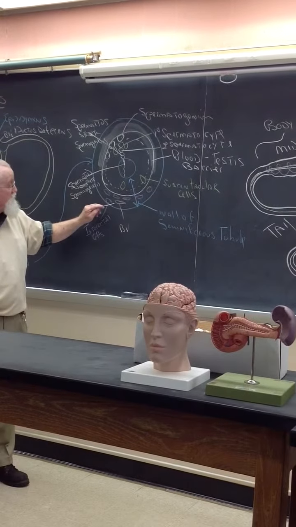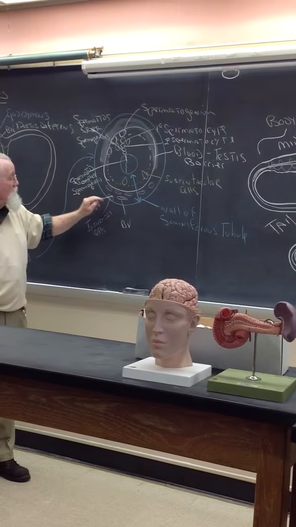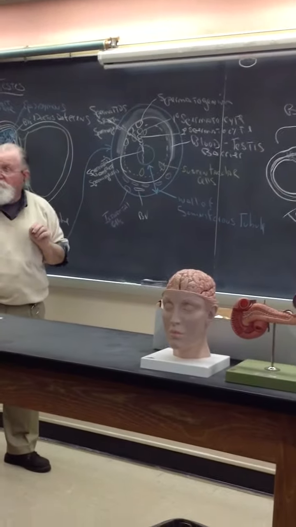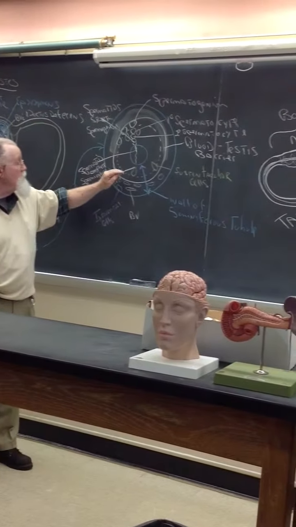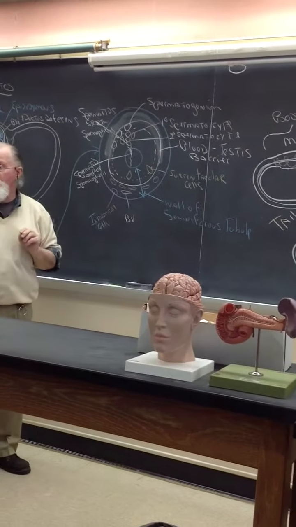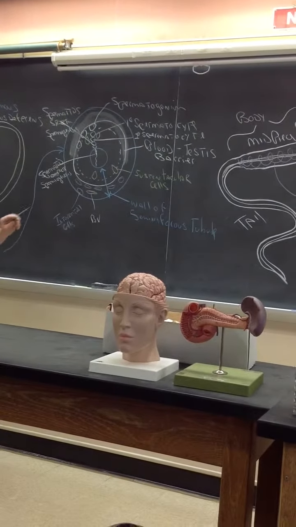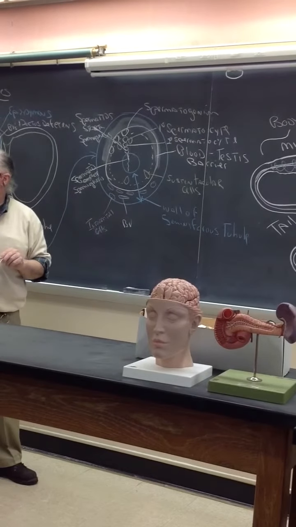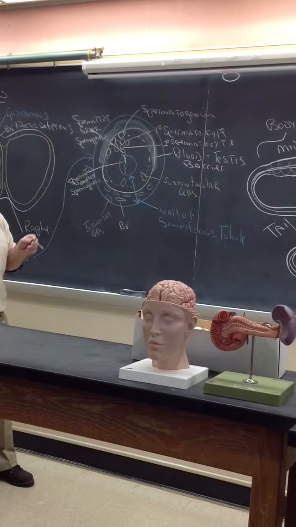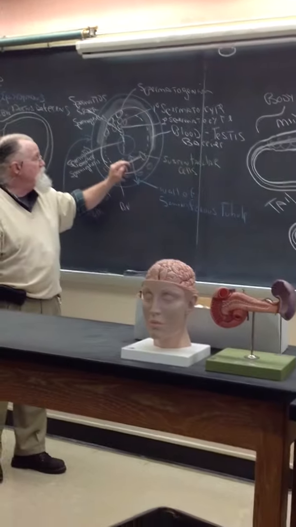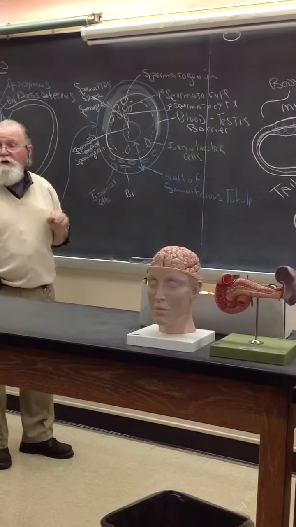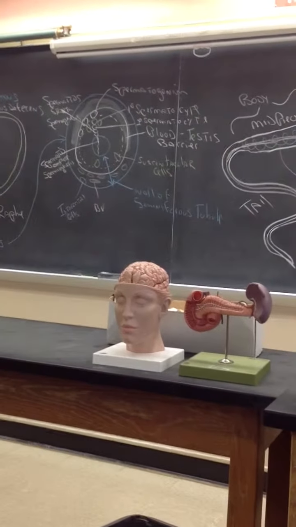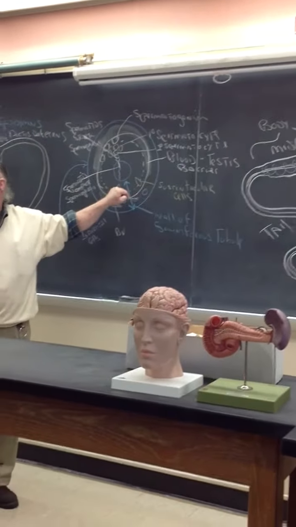Now, as you can see, there are blood vessels in this layer here, and if it were not for the sustentacular cells of Sertoli, a lot of the testosterone would end up in the blood vessels and go elsewhere in the body. But the sustentacular cells of Sertoli secrete ABH, androgen binding hormone, which keeps the testosterone in this area.